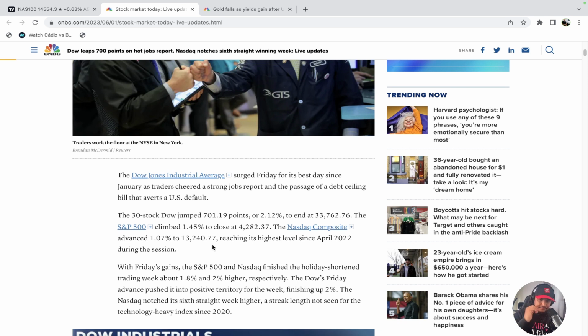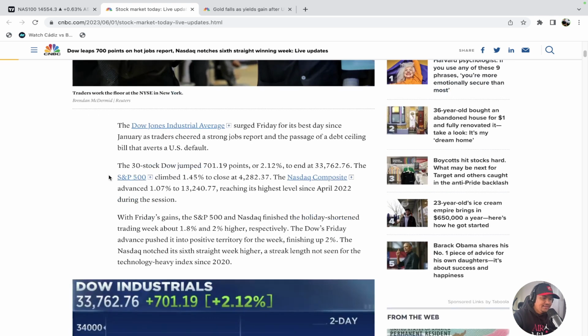Basically, the debt ceiling was going to default the index, and that anticipation was going to hit the stock market with a 45% decline. However, the US got away with that once again. It says here the Dow jumped 2.1%, the S&P was up 1.4%, and the Nasdaq up 1.07%, reaching the highest level since April 2022. And I don't think that is going to move any further this week, right?